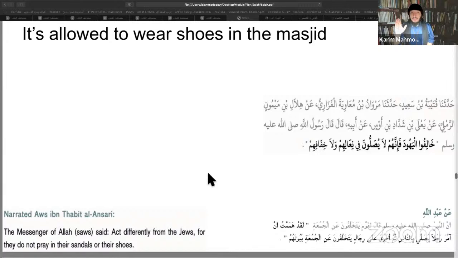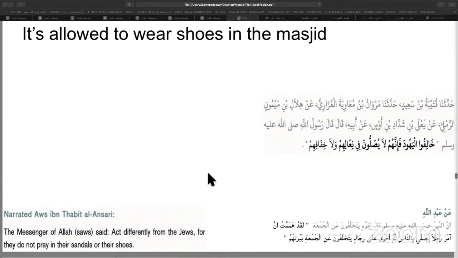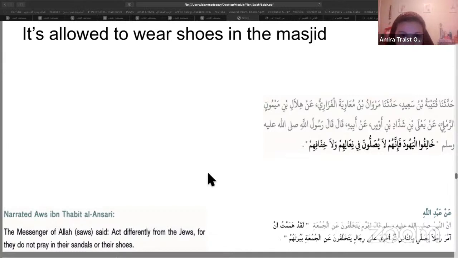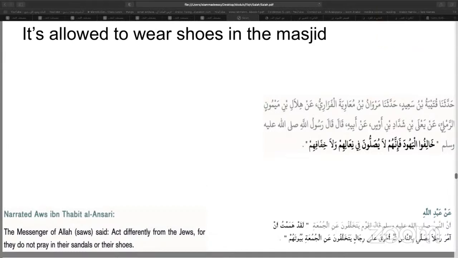Now, the reason why we take off all of our shoes and put them on shoe racks, why? Because the shoes are dirty, and the masjid has rugs and carpet, and the Prophet's time did not have carpets, so they had a hard floor. Good. That's exactly it.